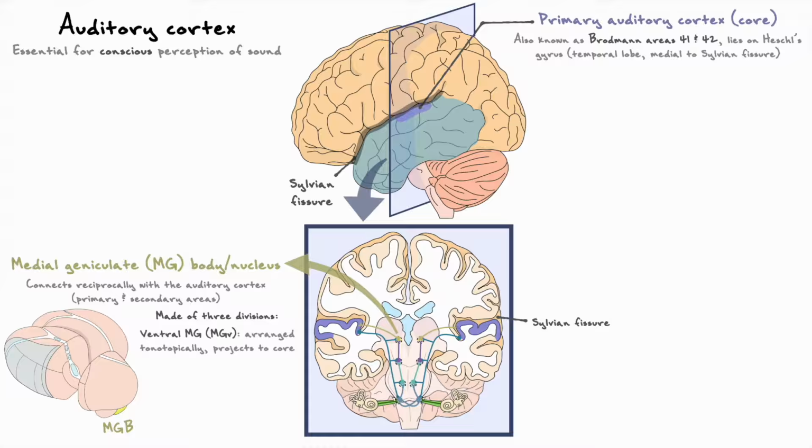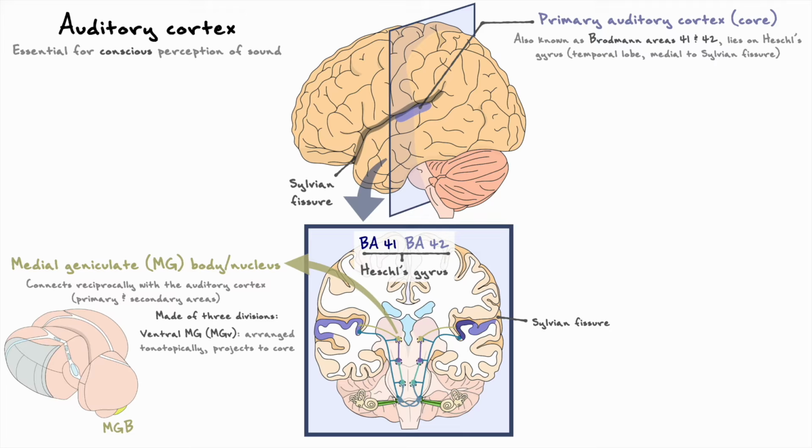So, as I said, the primary auditory cortex lies on Heschl's gyrus, which is also known as Brodmann area 41 and 42. If you are unfamiliar with Brodmann areas, the areas represent a nomenclature system that divides brain areas based on cytoarchitecture, or in other words, the layering of neurons in the cortex. Accordingly, each different Brodmann area has a different pattern of neuron layering.